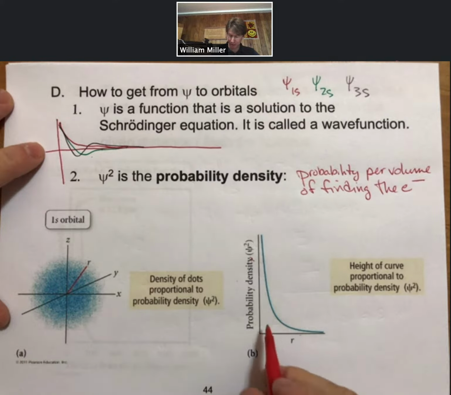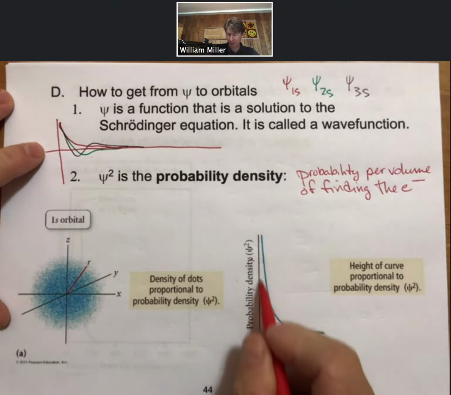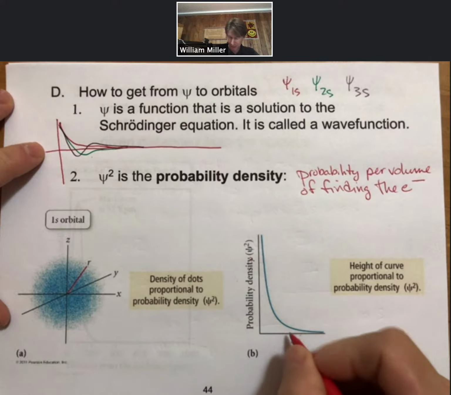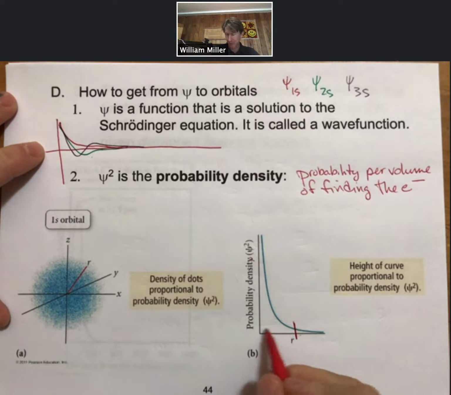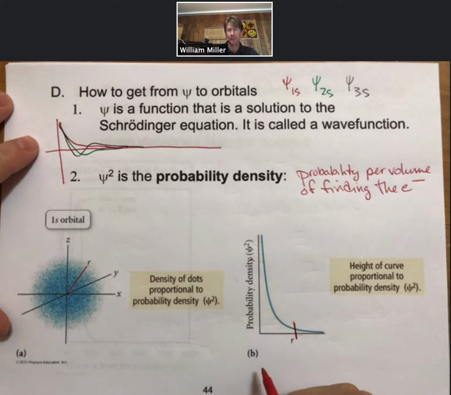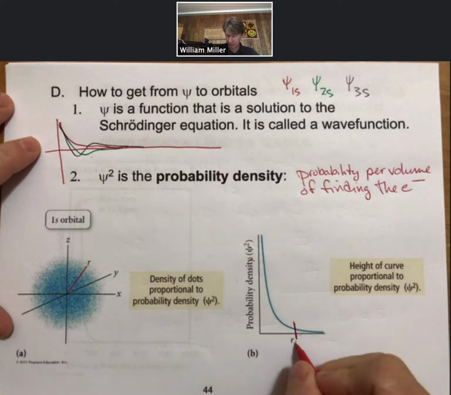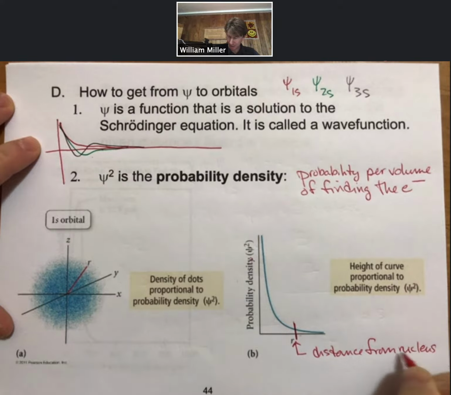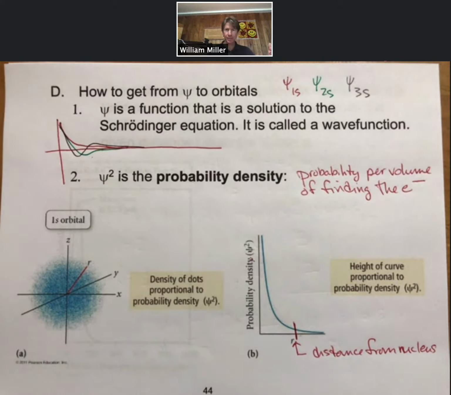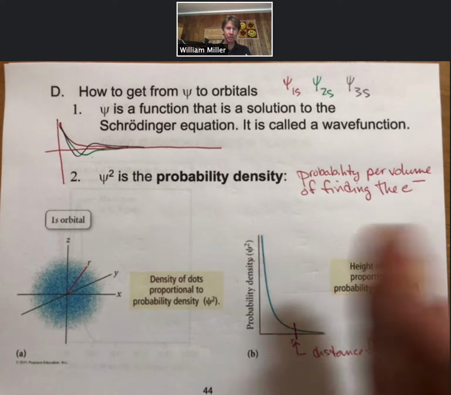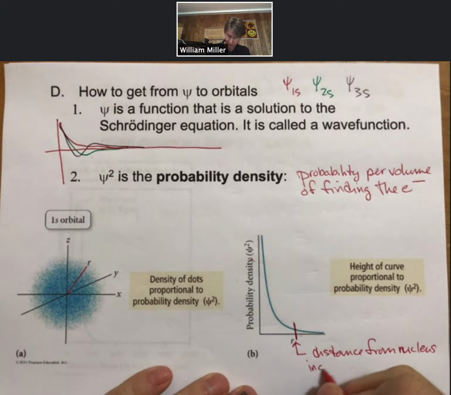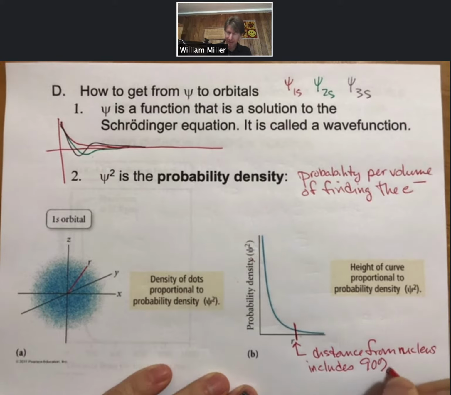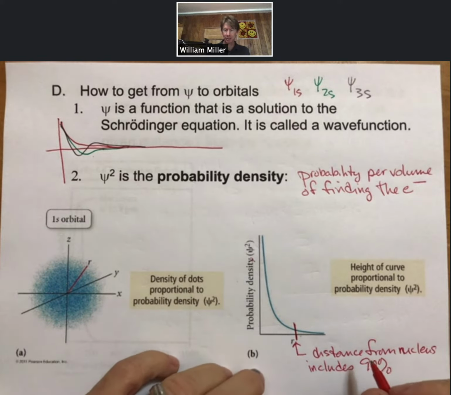And all you do is when there is 90% of the area under this curve, somewhere around here, that's where we define the orbital, because the orbital is the distance from the nucleus for the 1s orbital in particular, in which you draw the sphere that includes 90% of the probability of finding the electron.